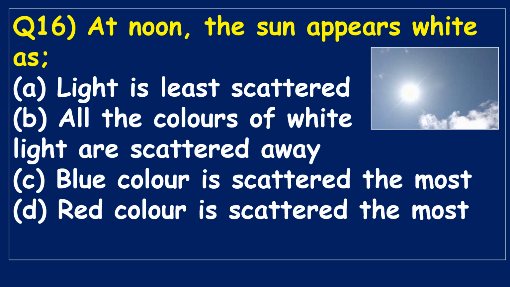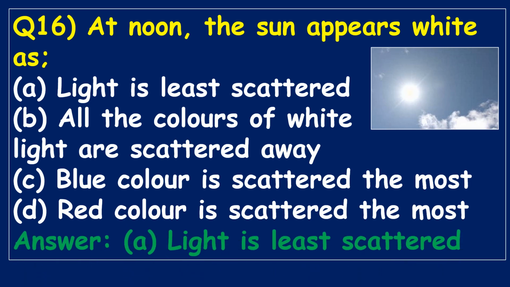When there is less distance between sun and earth, the white light cannot disperse faster. That's why it looks white. Now let's see the answer. Option A, light is least scattered. That's why it appears white.